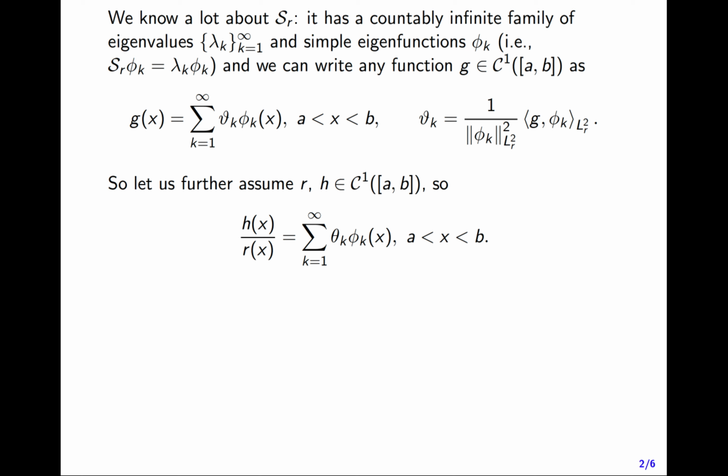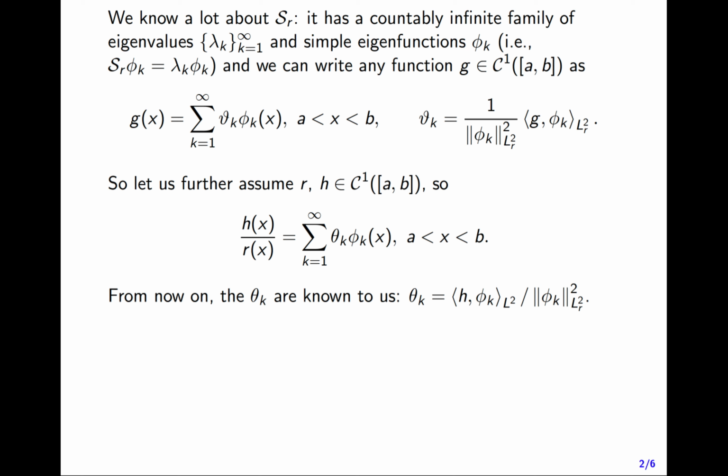So we can write h of x over r of x as an eigenseries of the form sum k equals 1 to infinity, theta k times phi k of x, with a formula for theta k if we really need it. Specifically, we have theta k equals the inner product of h against phi k in the plain L2 norm divided by the L2R norm of phi k squared.